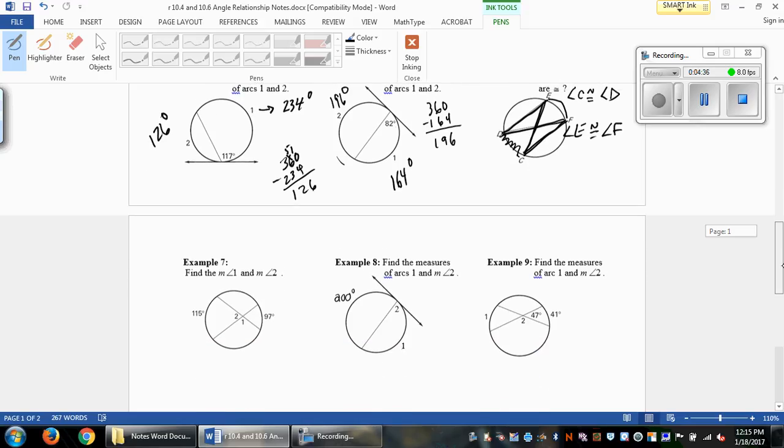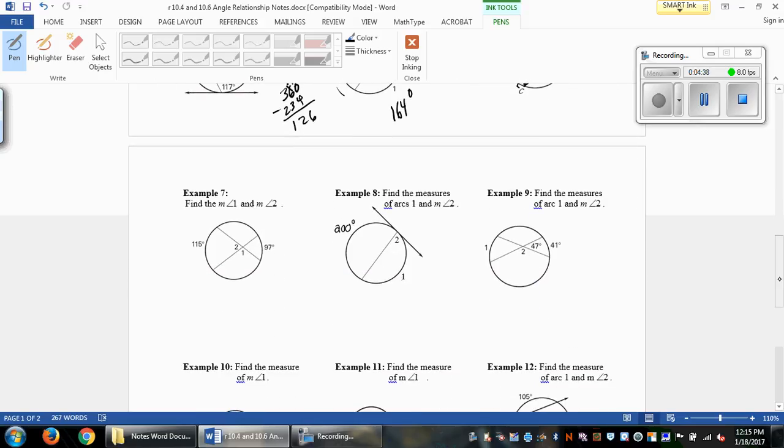Okay, example 7. This is one where we do have the kind of crisscross on the inside of the circle. So we're looking to average our 2 exterior arcs to get the measure of 2. So if we do 115 plus 97 and divide by 2, we end up with 106.